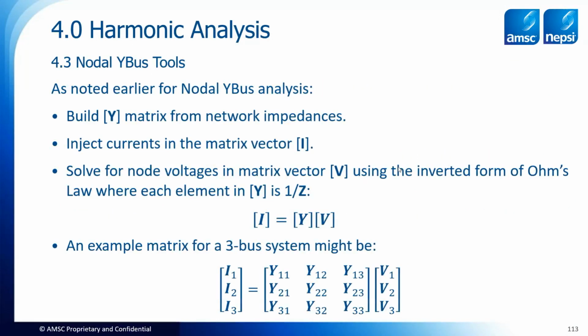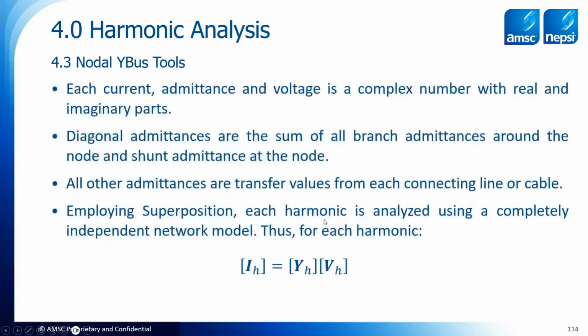Remember this earlier, where I showed Y-bus and how you use the modified form of Ohm's law right here to calculate with the voltage vectors. You'll use a process called Gauss elimination to get them. And each harmonic has to be analyzed, as I noted earlier.